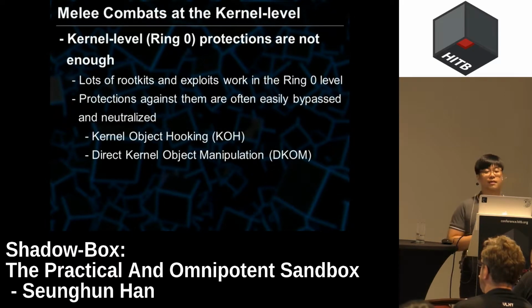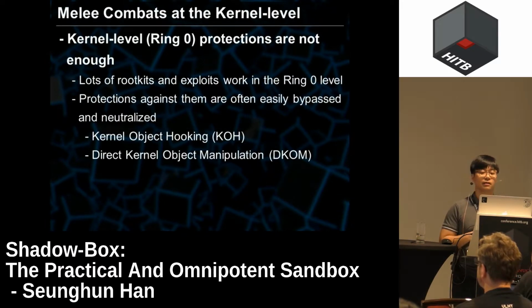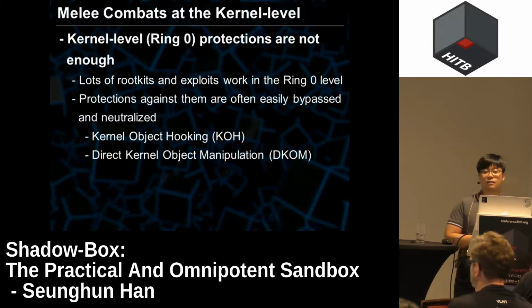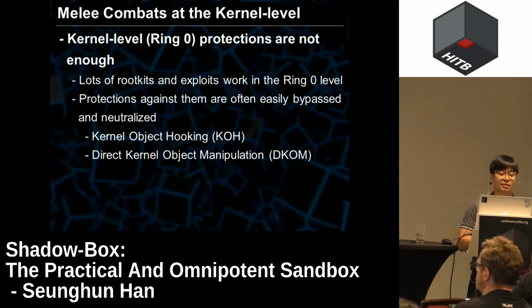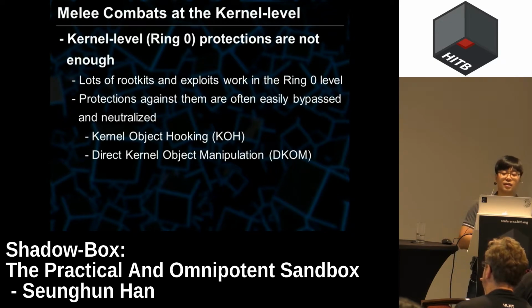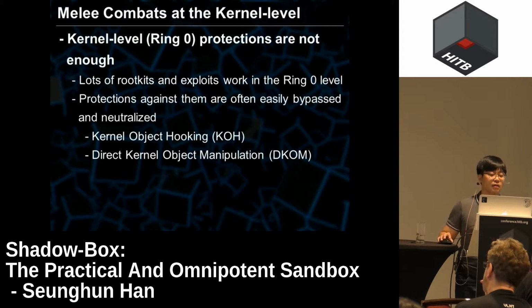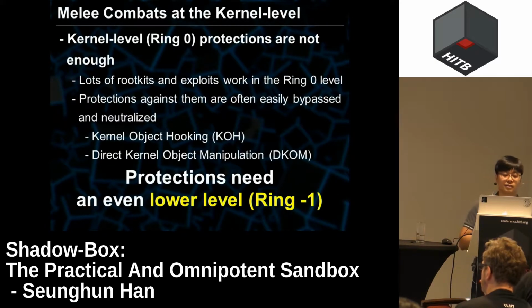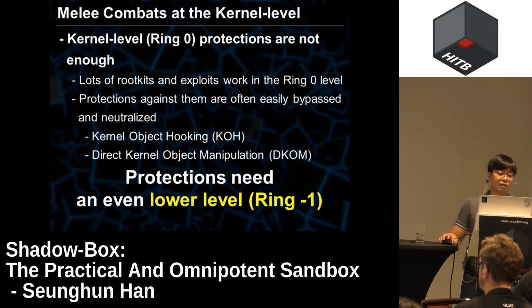Although you already have protection mechanisms at the kernel level, fundamentally, the mechanisms cannot protect the kernel from these security threats, and they are often easily bypassed and neutralized by kernel object hooking and direct kernel object manipulation techniques. Therefore, protections need an even lower level. I call this level -1.